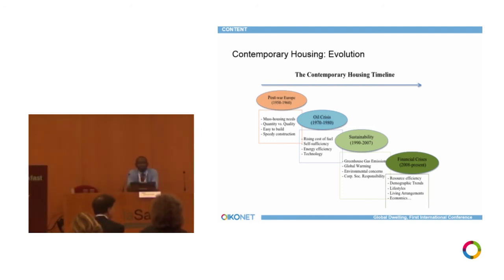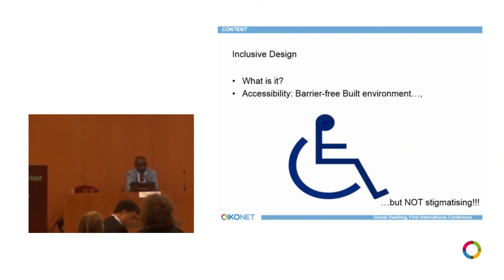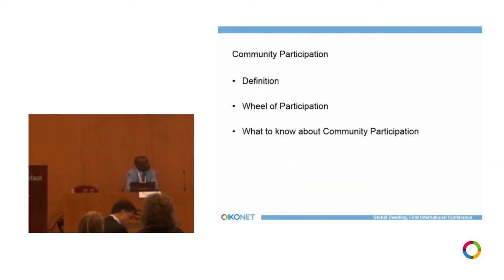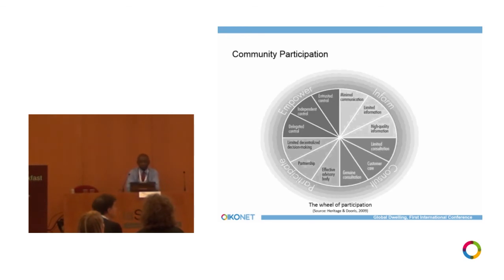Maria, you have something quickly? Yeah, thank you for your presentation, very interesting. I have a question about this wheel of participation. The wheel represents different qualities of participation, different levels of involvement of the population in the project or the policy or whatever it is.